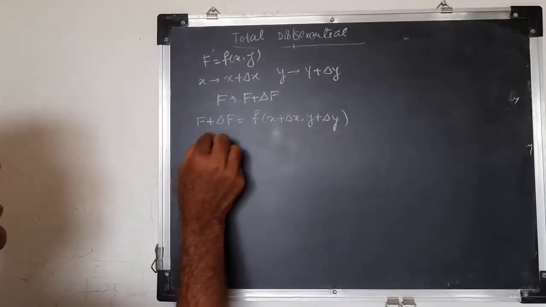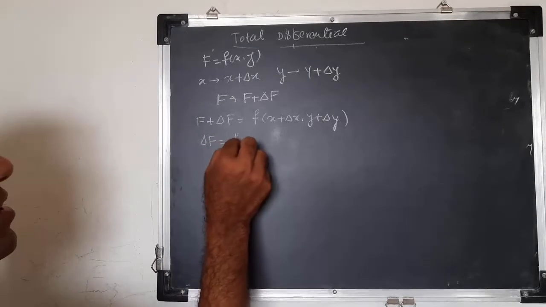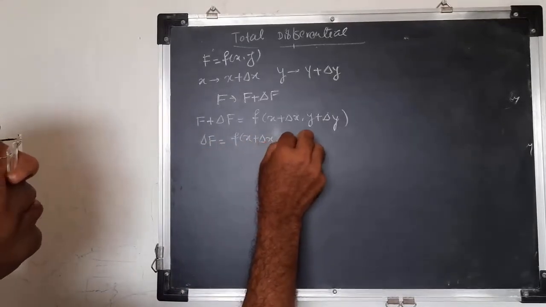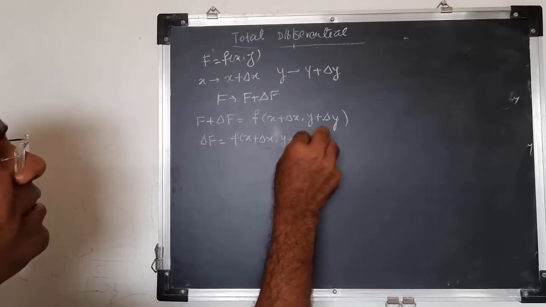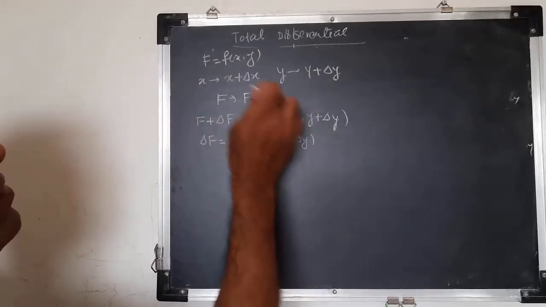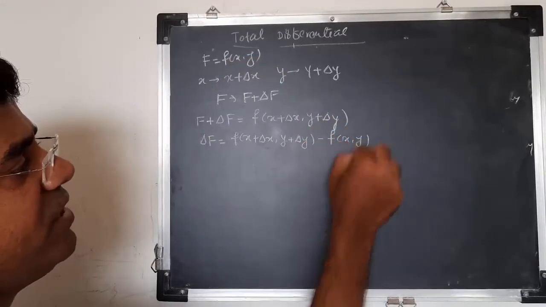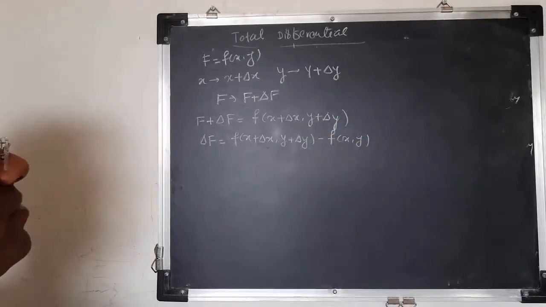So delta f, I can consider, is f of x plus delta x, comma y plus delta y, minus f of x, y. Now we will add one term and subtract one term.